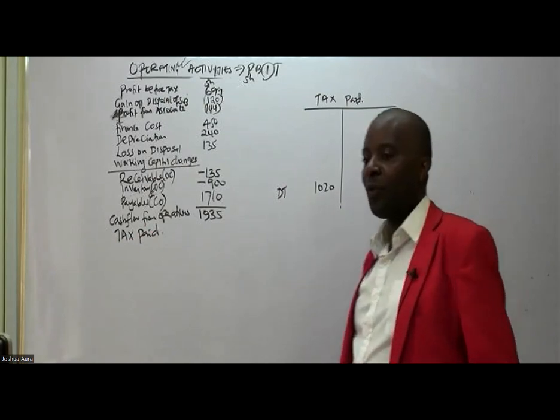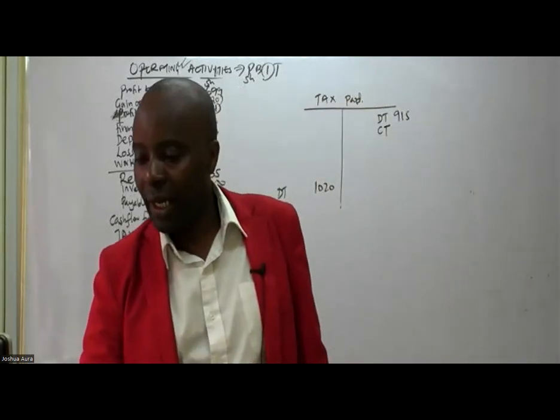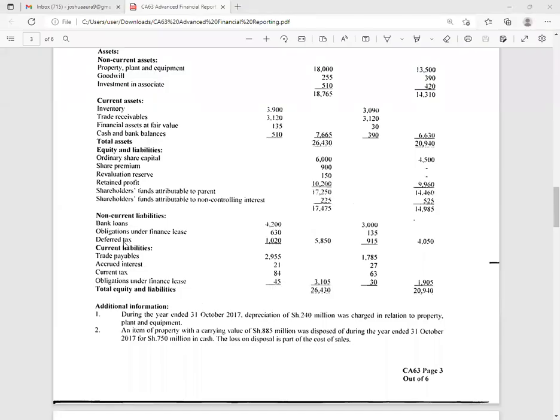The current tax from the deferred tax account, how much is the current tax? I can see current tax brought down from last year is 63. Brought down is 63, and if I'm not wrong, 63 and 84.